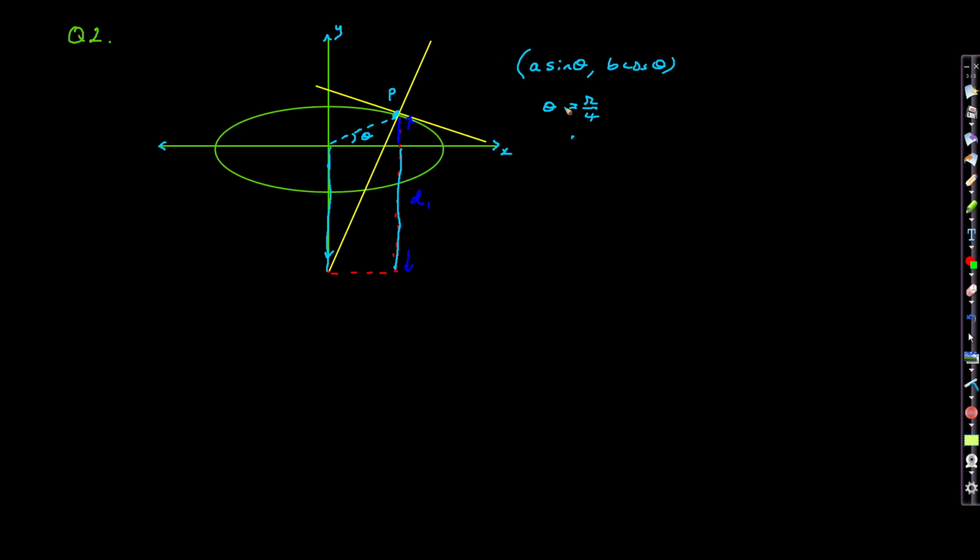So you should be able to get the coordinates of point P in terms of A and B using this pi over 4. Have a go, see what you can come up with.